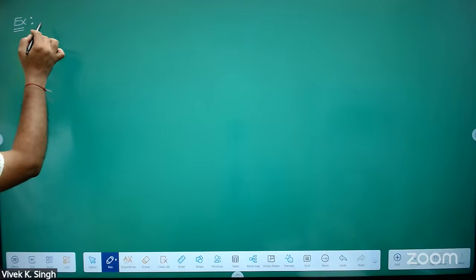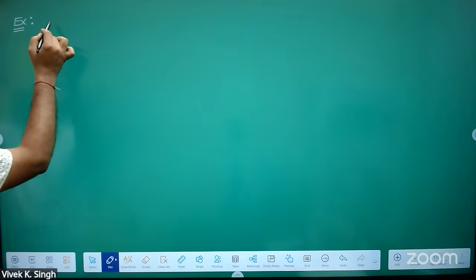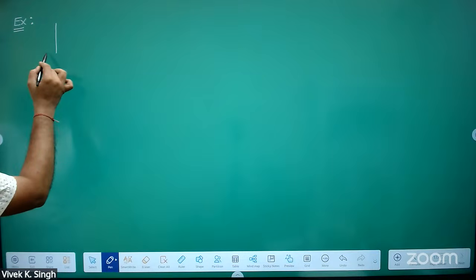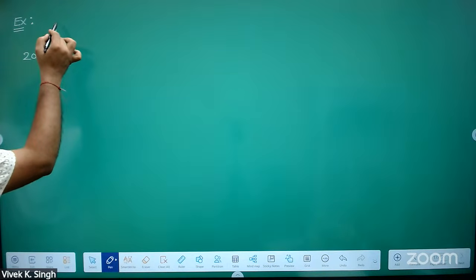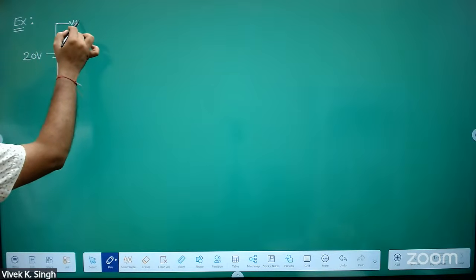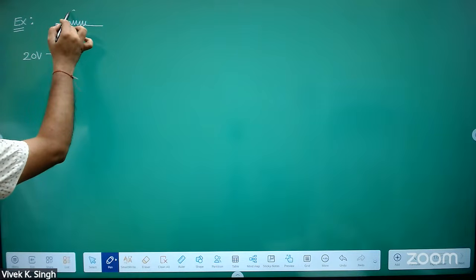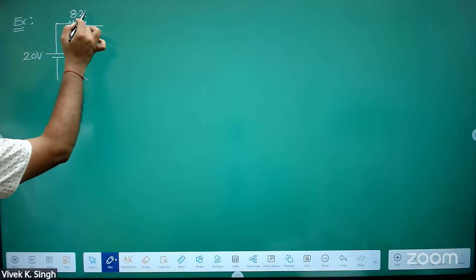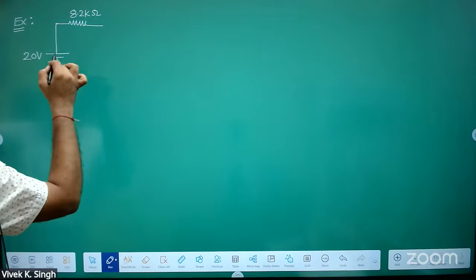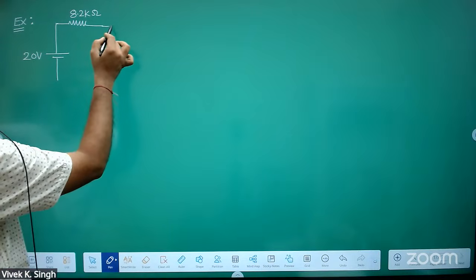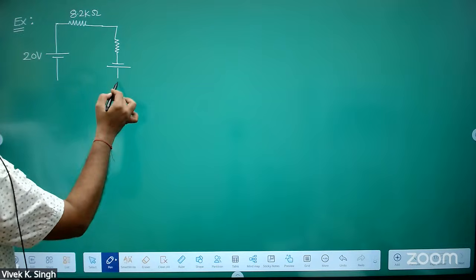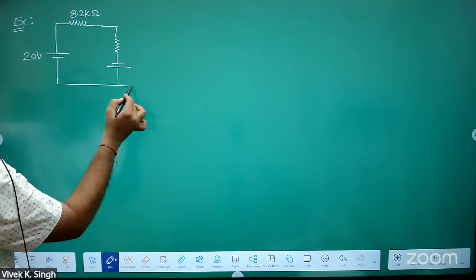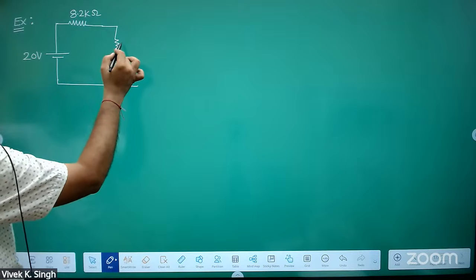This value is 20 volt. Then you have 8.2 kilo ohm. This is 8.2 kilo ohm. Now you have 2.2 kilo ohm.